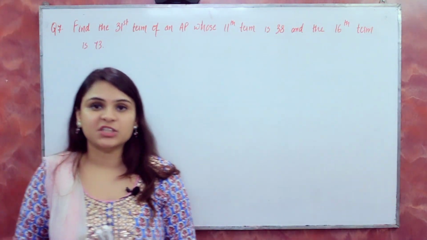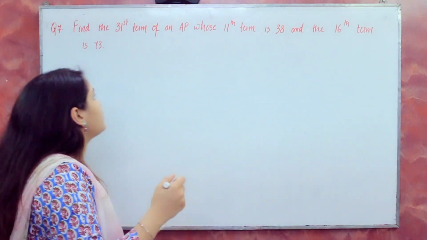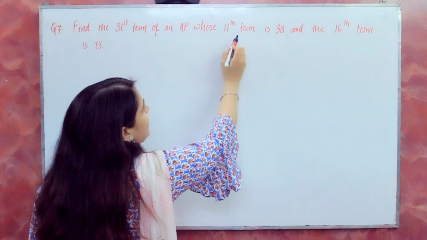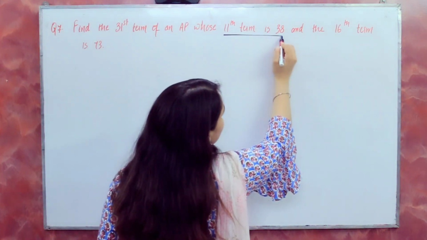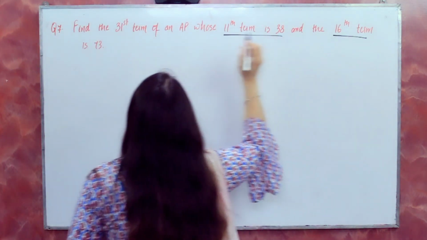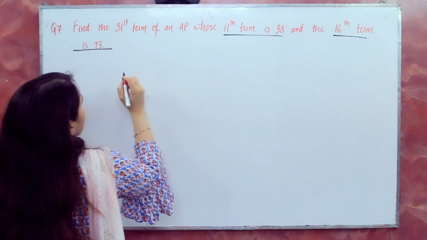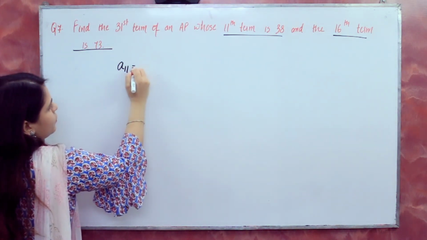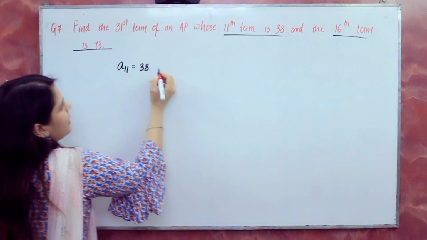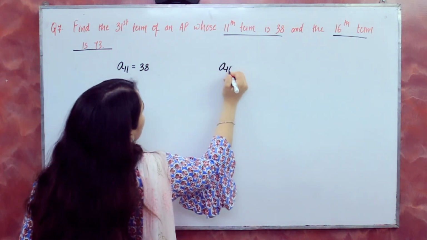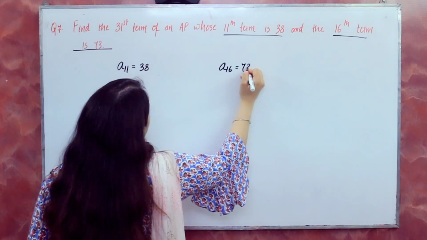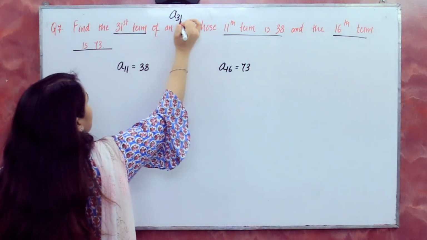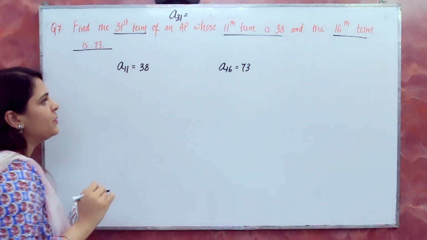So our question number 7 is: find the 31st term of an AP whose 11th term is 38 and 16th term is 73. So we have the 11th term equal to 38 and the 16th term equal to 73, and we have to find the 31st term, that means A31 you have to find.